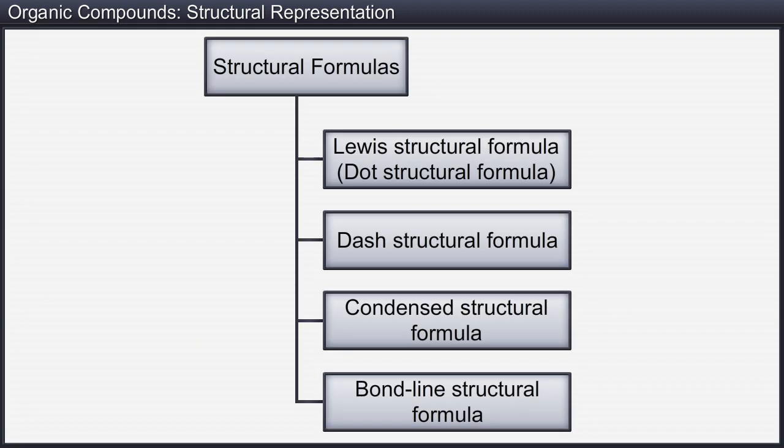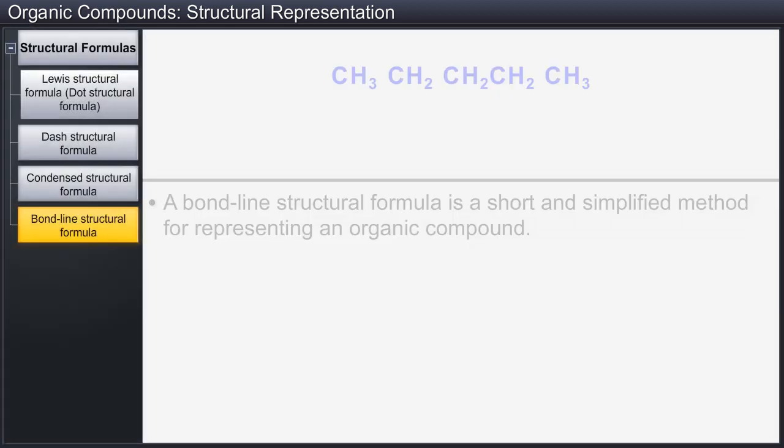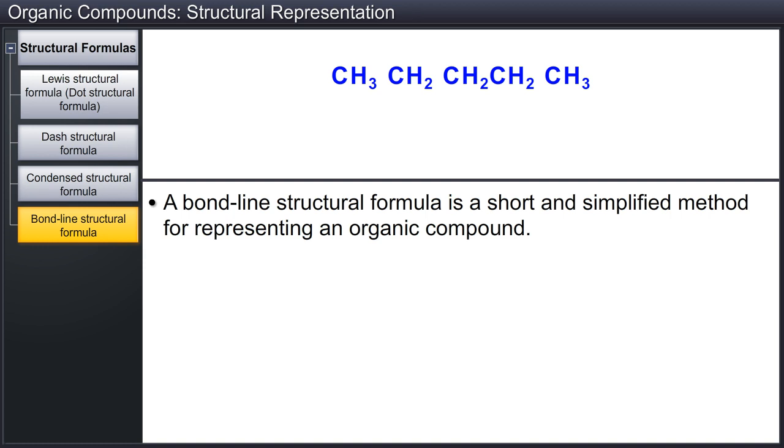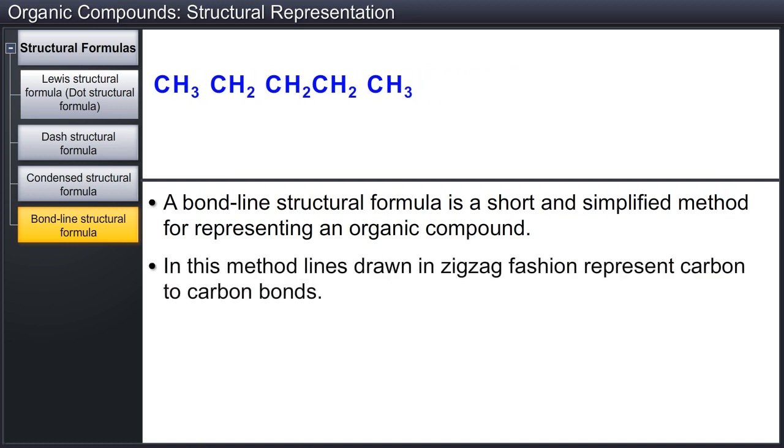Finally, let's look at the bond line structural formula. A bond line structural formula is a short and simplified method for representing an organic compound. In this method, carbon-to-carbon bonds are represented by lines drawn in zigzag fashion.